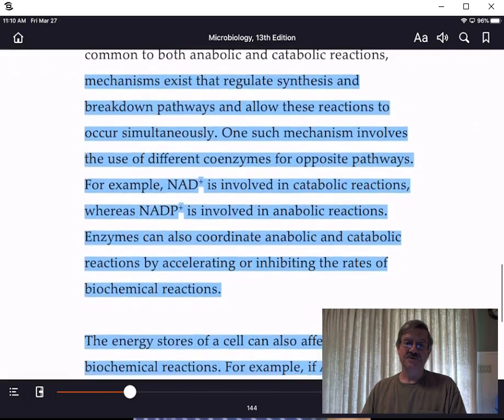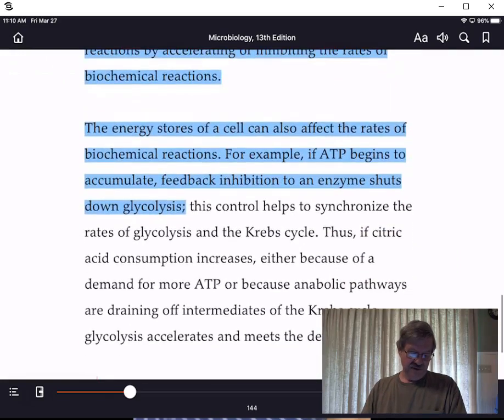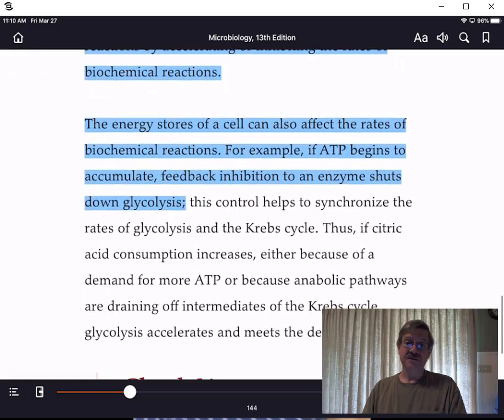And then, of course, these things do not occur randomly. We have control mechanisms in this, and we have some examples there of your control mechanisms. And then here's that term again, feedback inhibition.